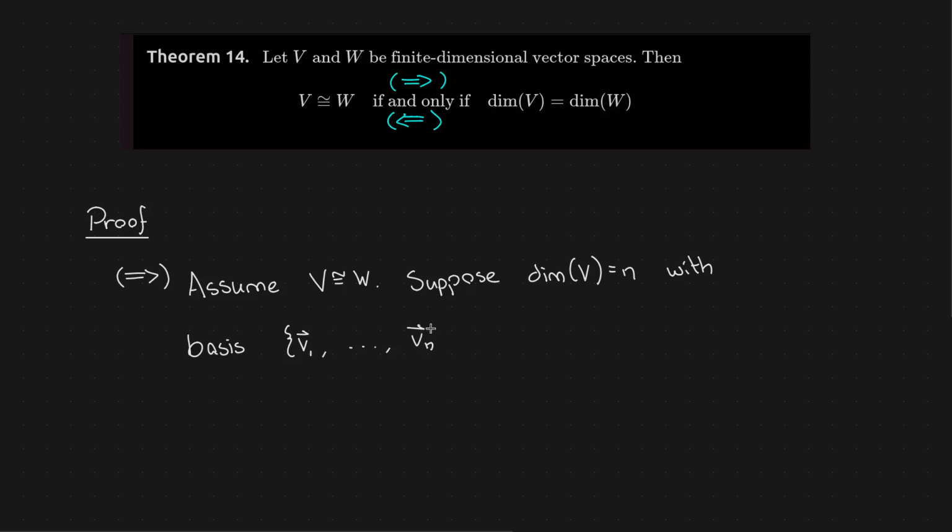Okay, so n vectors in the basis. Remember, the dimension of a vector space is the number of vectors in its basis. All right. What we want to find is a candidate basis for W that has the same dimension. Okay.